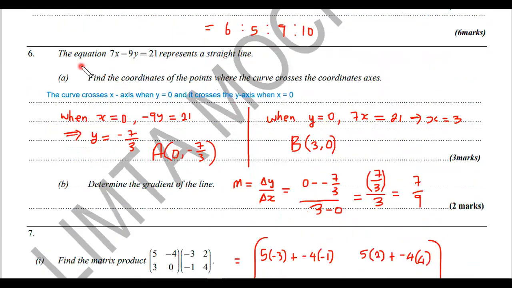Question 6. The equation 7x minus 9y equals 21 represents a straight line. Find the coordinates of the points where the line crosses the coordinate axes. The coordinate axes are the x and the y axis. A curve crosses the x-axis when y equals 0.